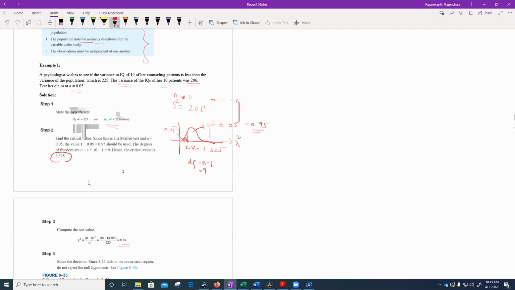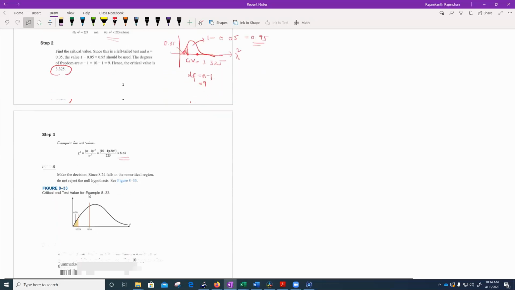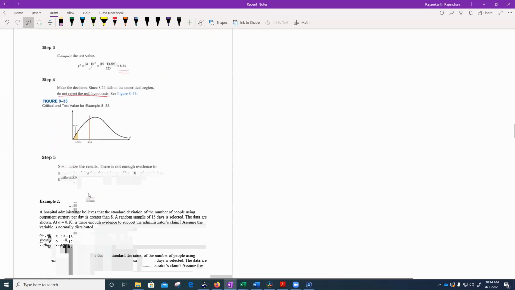So 8.24 is somewhere here. So it is obvious that my test statistic is now falling in the non-critical region. Therefore, we do not reject H naught. Okay, so do not reject H naught. That's not enough evidence to support your claim.